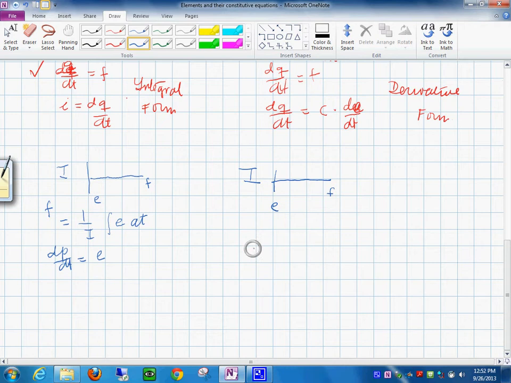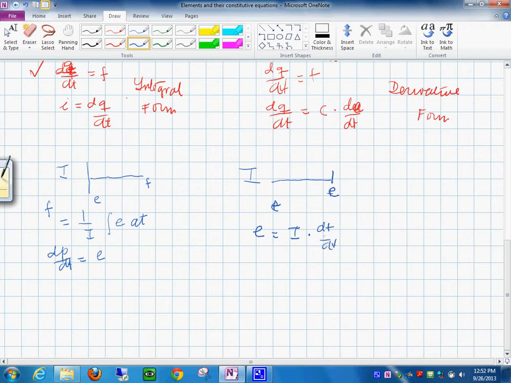Okay, in this, what am I doing? I just do exactly the same way, and I need to draw it with a causal mark on the other side. This one right here would be E, and F over here. In this case, you say that E is equal to I times dF dt.